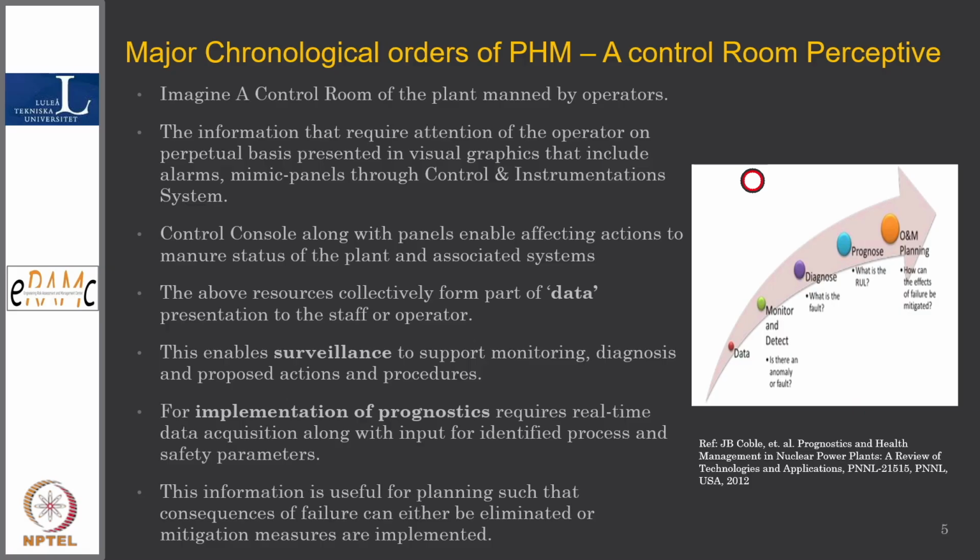Why do we know that it is normal? Because we monitor the data and detect any deviation if there is one. And if any deviation is there, then we get into diagnostics and try to bring the plant back to normal. But this particular phase, prognosis, is presently not there.